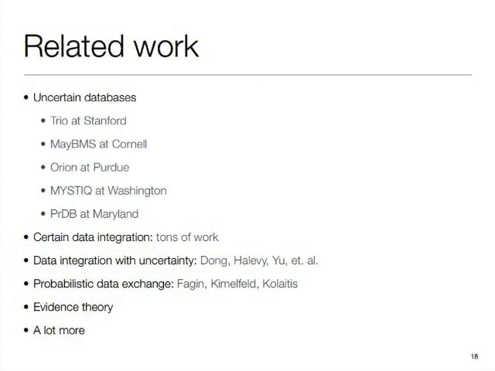So I just want to mention quickly a lot of related work has happened in the uncertain databases world, in the world of data integration, which we leveraged, and even some work about how uncertainty is introduced during data integration and what you do with it. One interesting insight was that uncertain data integration is useful even if you have certain data and uncertain mappings.